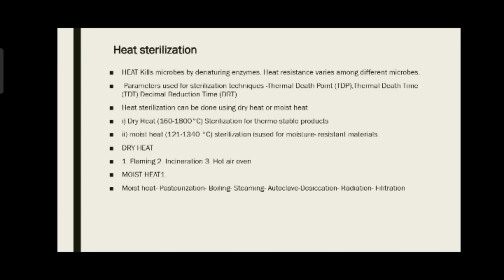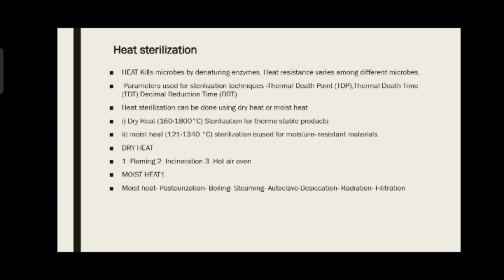The thermal death point of a microorganism is the lowest temperature at which all the microorganisms are killed within a 10-minute exposure time. Whereas the thermal death time is the length of time needed to kill all the microorganisms in a sample at a given temperature. So these are the parameters used in heat sterilization, that is thermal death point and thermal death time.